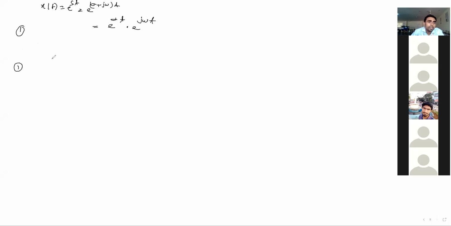Here the constant term A is there. So when s equal to 0, or you can say alpha and omega equal to 0, if both are 0, this value is 1.